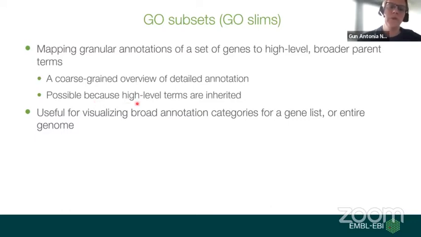This is possible because high-level terms are inherited when you annotate very specific terms. And this is useful when you want to visualize broad annotation categories for a gene list or an entire genome.